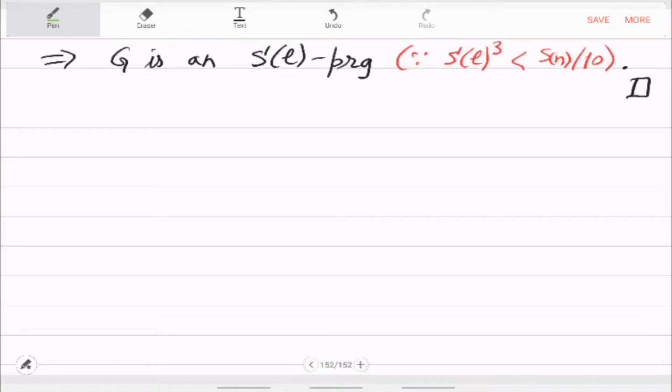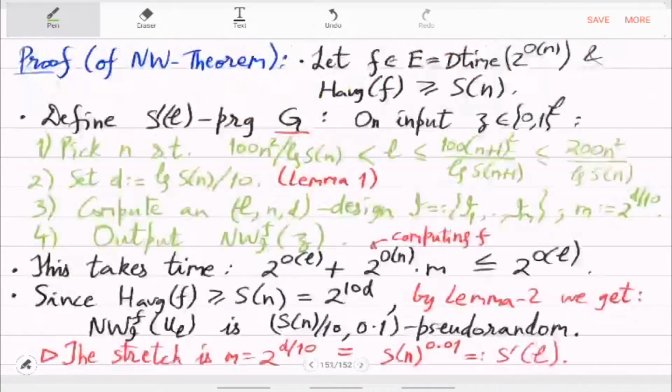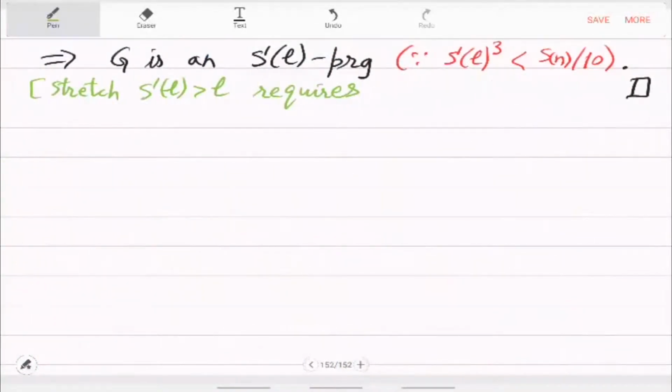This stretch is interesting only when S prime L, which is S of n to the 0.01, should be bigger than L, and L is around n square, right.